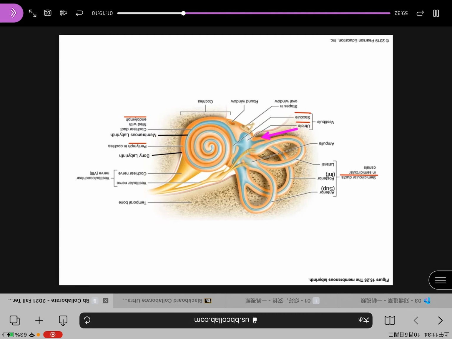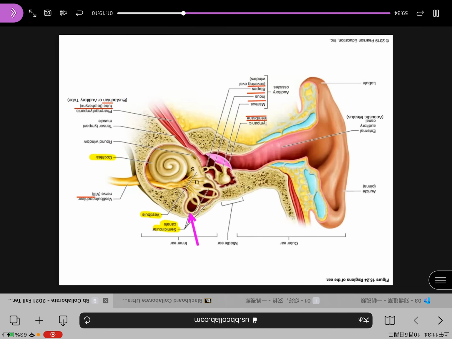Going back to the first figure, posterior would have to be this one. See that one? It's most posterior, but also see how it curves and comes way down here. So that's why it's sometimes referred to as also being inferior. So whichever way is easier for you to remember.